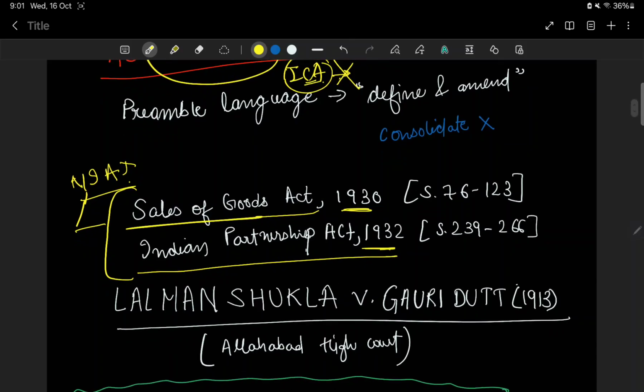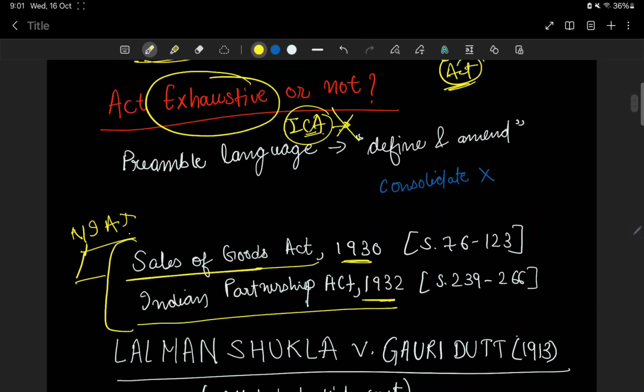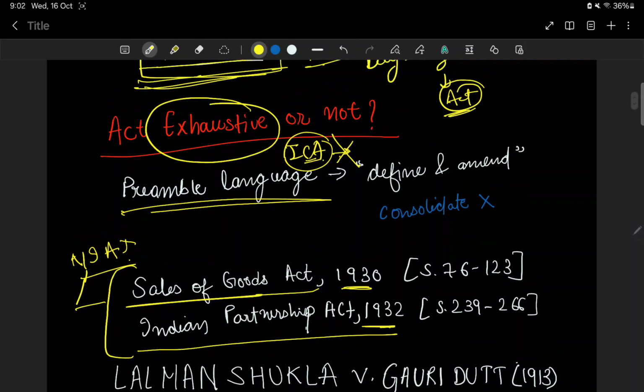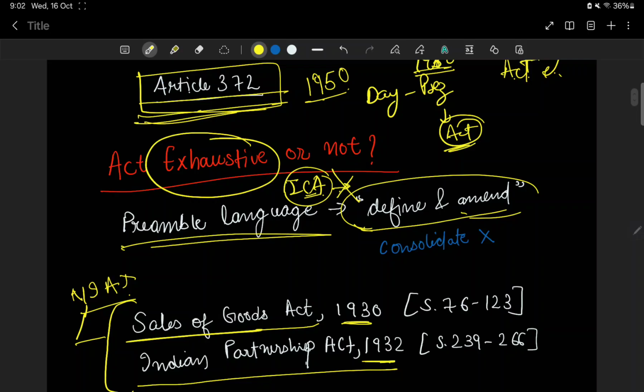ठीक है? And another point that supports the contention that it is not exhaustive is the language of the preamble. The preamble of the Indian Contract Act uses the words define and amend.